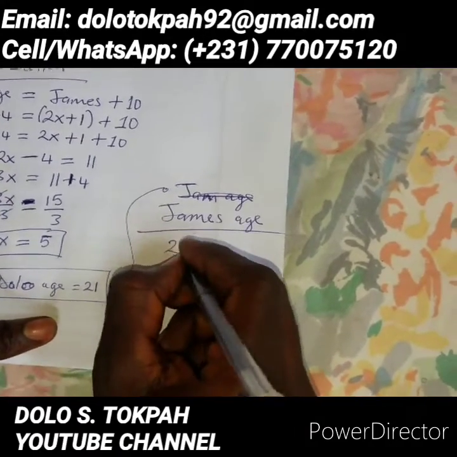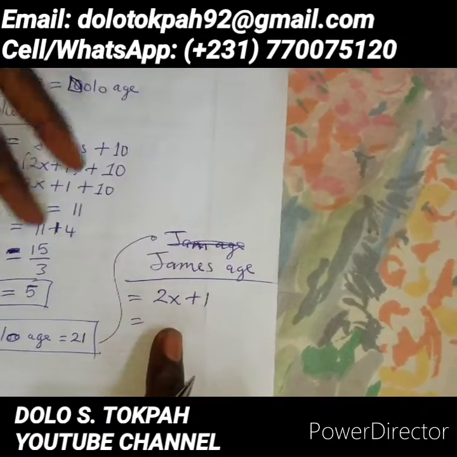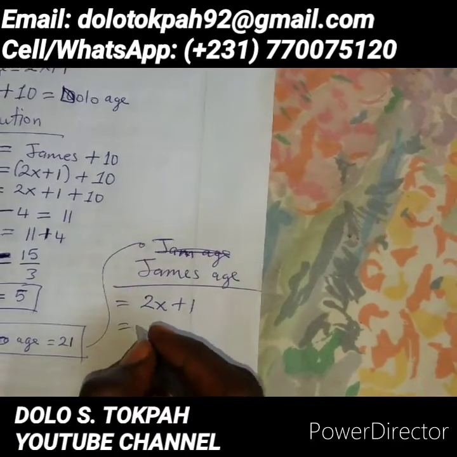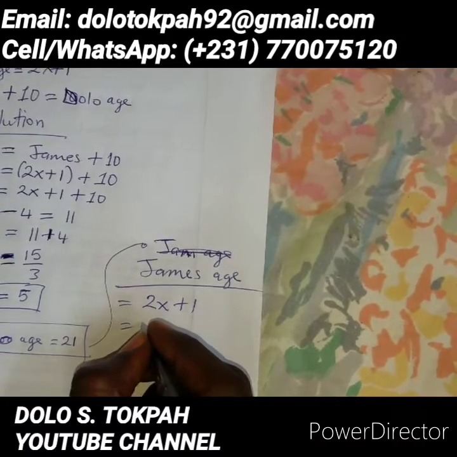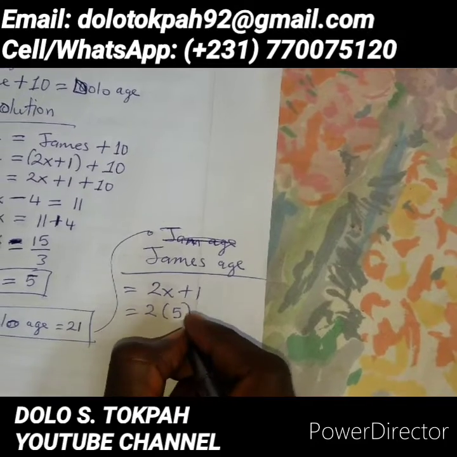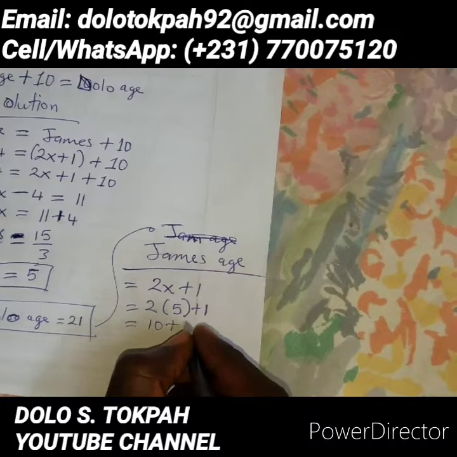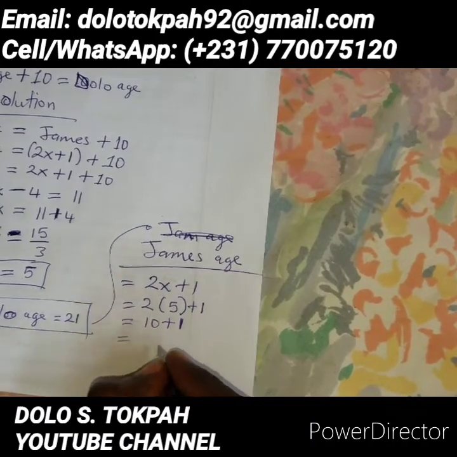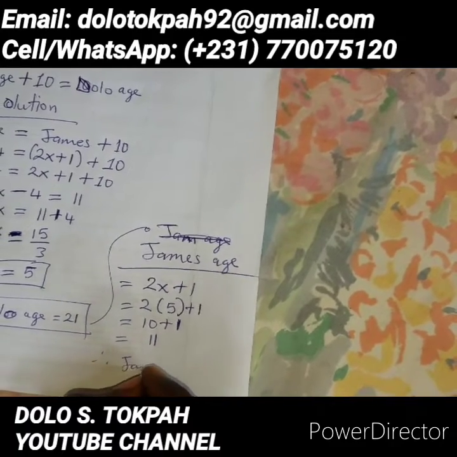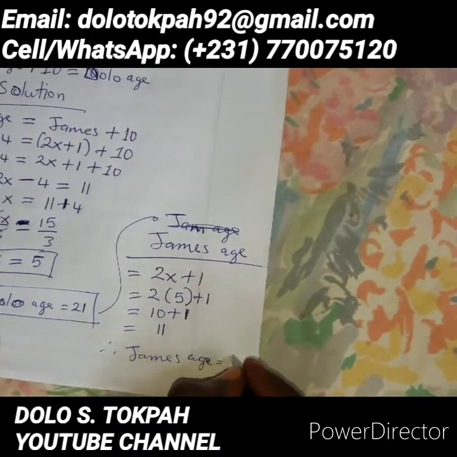The value of x is 5, so the same method we used to find Dolo's age, we can apply here. We say 2 times the value of x, which is 5, plus 1. So 2 times 5 is 10, plus 1. It means James's age will be 11. Therefore James's age equals 11.